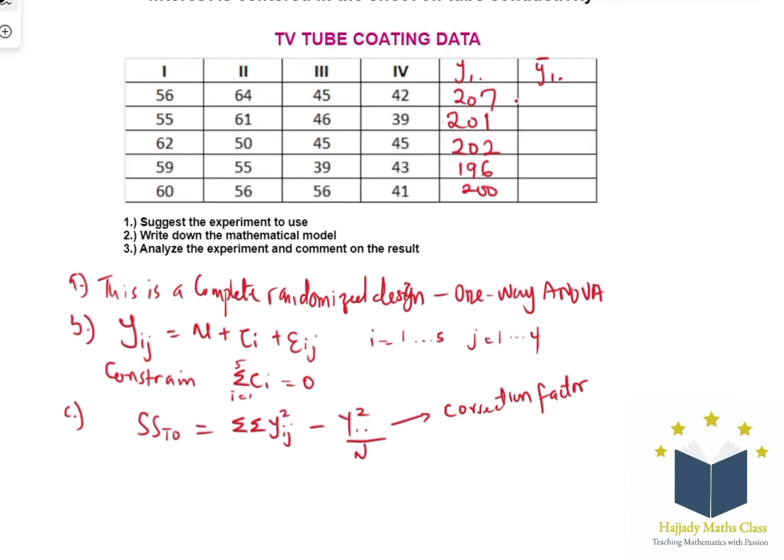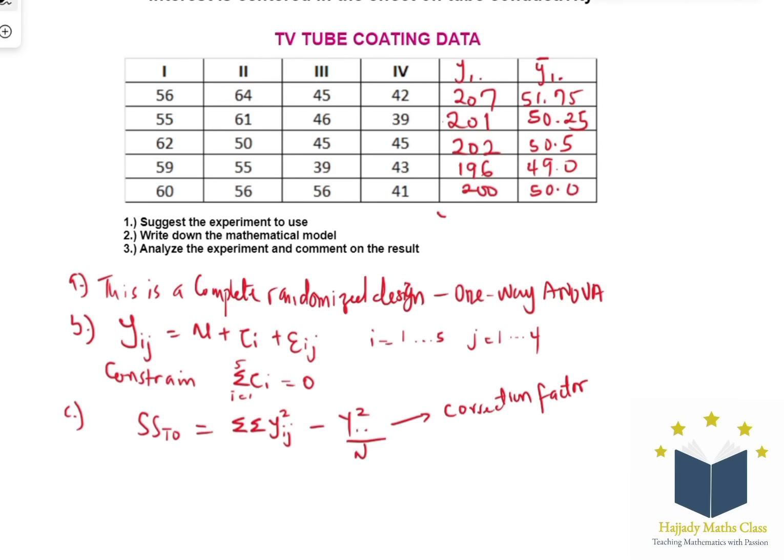So 207 divided by 4 is going to give me 51.75. 201 divided by 4 is going to give me 50.25. And 202 divided by 4 is going to give me 50.5. 196 over 4 is going to give me 49.0. And lastly here I'm going to have 50.0.